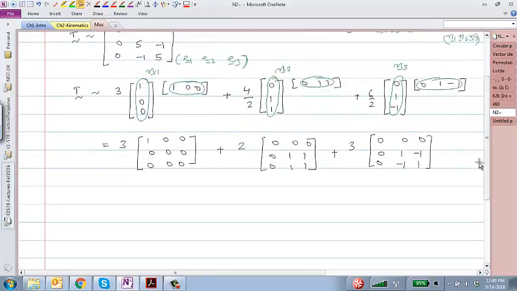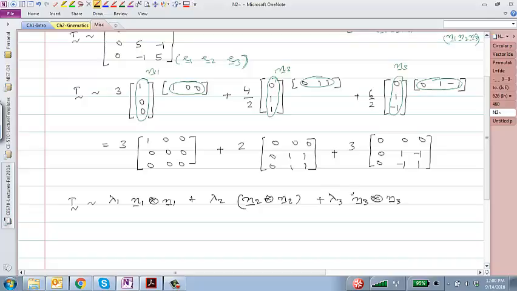Therefore, another way to write the same tensor T, using the spectral decomposition theorem, would be lambda 1 n1 dyad n1 plus lambda 2 n2 dyad n2 plus lambda 3 n3 dyad n3.